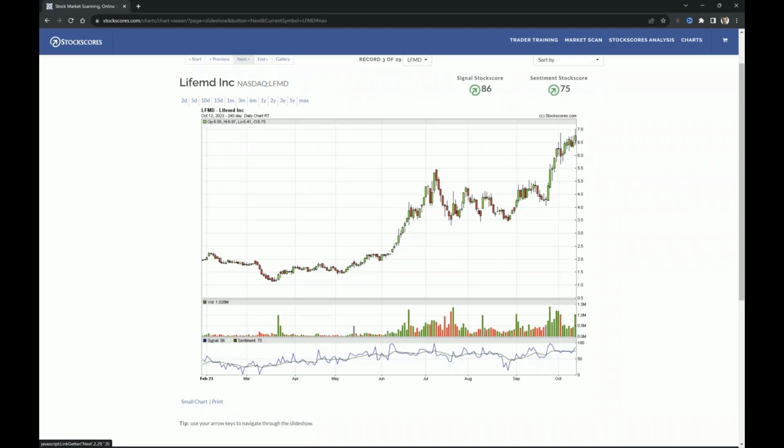And with practice, you will start to see these patterns. So LFMD, it's got good stock scores, but it made its breakout from a predictive pattern about 2 weeks ago. This is called a pennant pattern. So it had abnormal volume, it had abnormal price action, and it broke through this downward trending line of resistance.